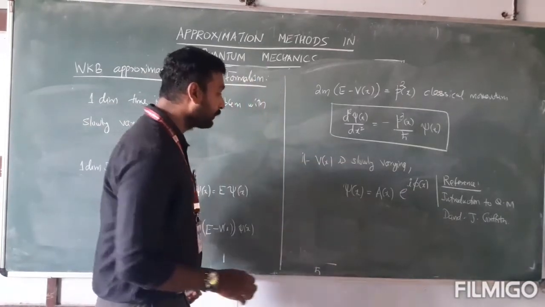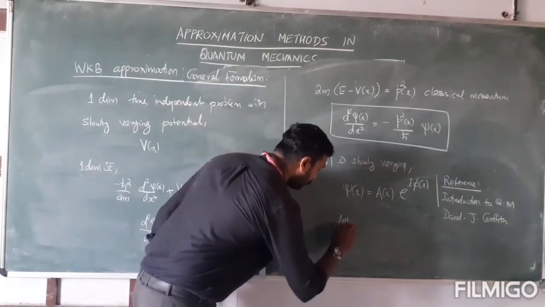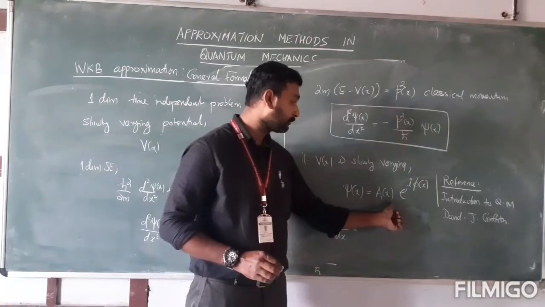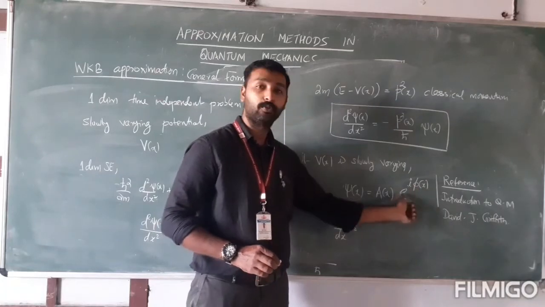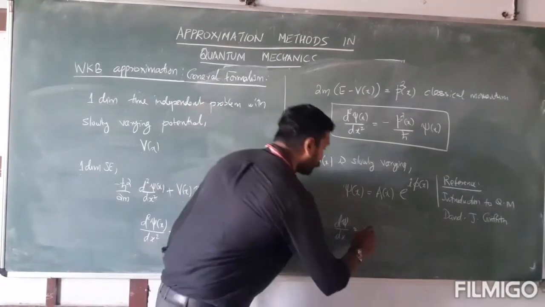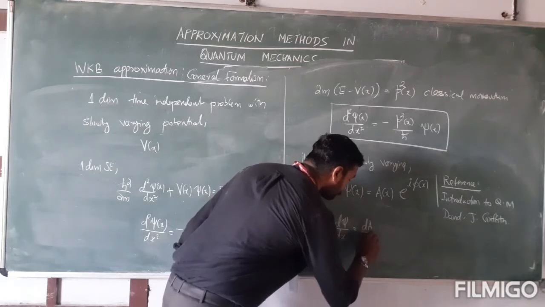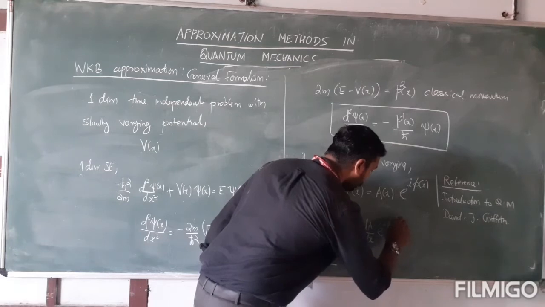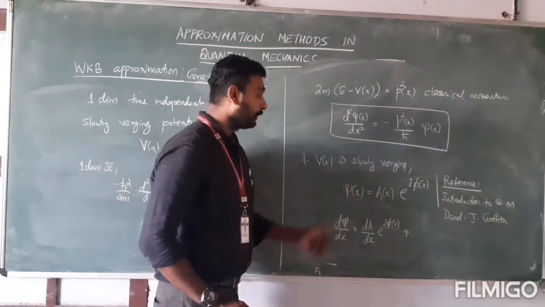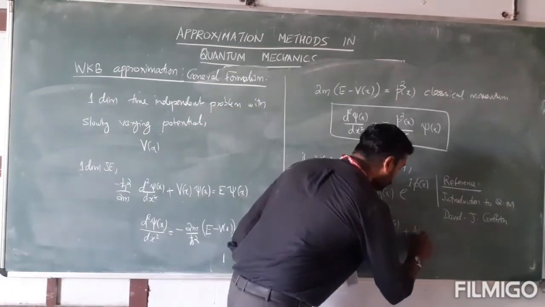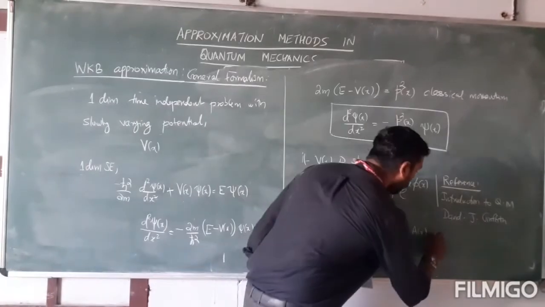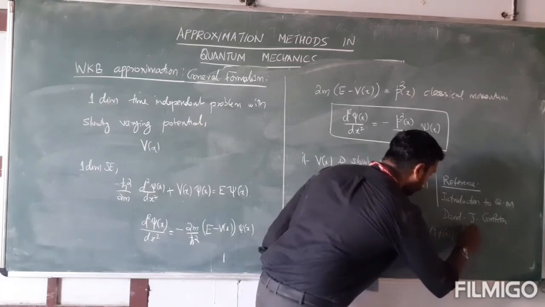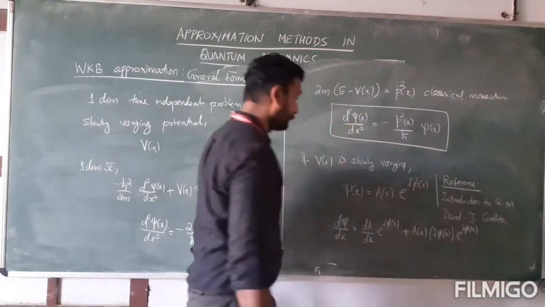Then what will be the first derivative of the wave function, d psi by dx? There are two functions of x, one is A of x and one is phi of x, so I have to use the product rule. Then it would be dA by dx into e raised to i phi of x, plus, keeping A of x constant, A of x into i phi prime of x into e raised to i phi of x.